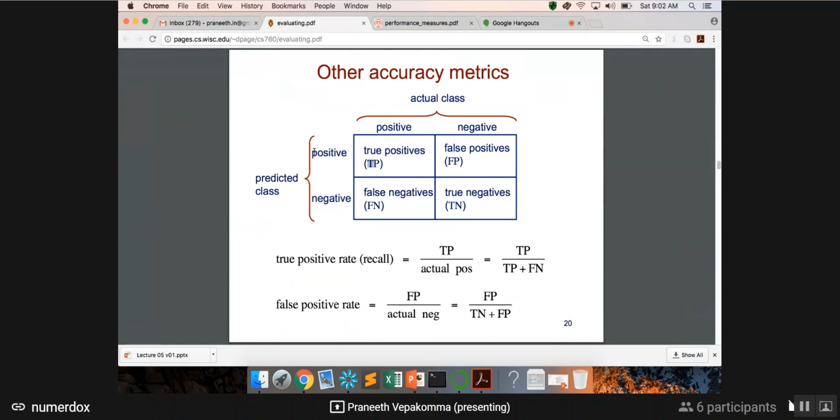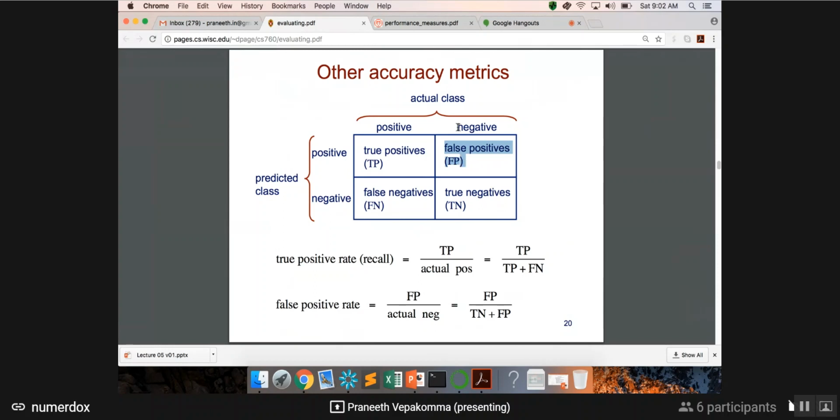But you need to understand, because there is a different cost you will pay for both kinds of errors in practice. The error you pay in one situation for having more false positives is very different from the error you pay in your business situation when you have false negatives. It depends on what situation you are in. Even in court of law, right? If the person is actually not a criminal, and if you falsely convict him as being a criminal, then you're making this kind of an error, false positive.